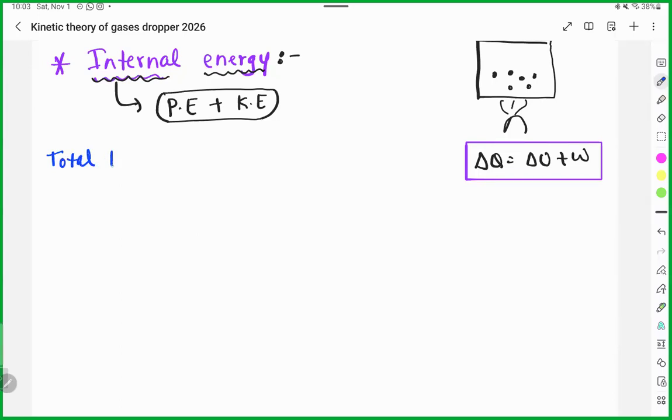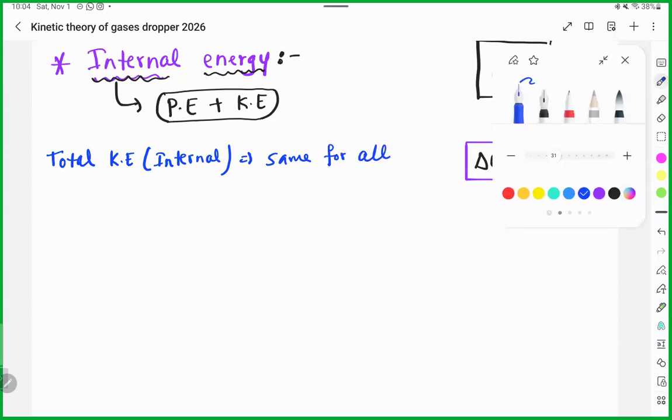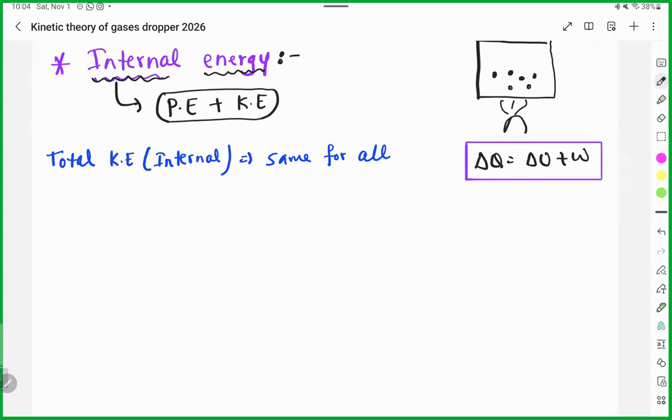And when I'm telling total kinetic energy, I'm talking about internal kinetic energy. If we are moving the container, that is external kinetic energy. We are not including that part. Okay, so it is the same for all. Same for all means for all gas, liquid, or solid, internal kinetic energy is the same.